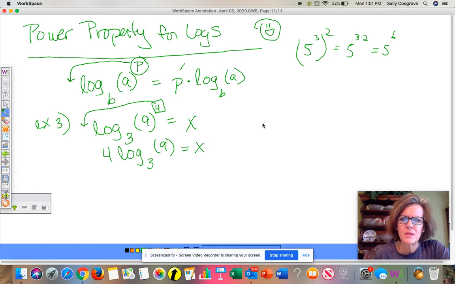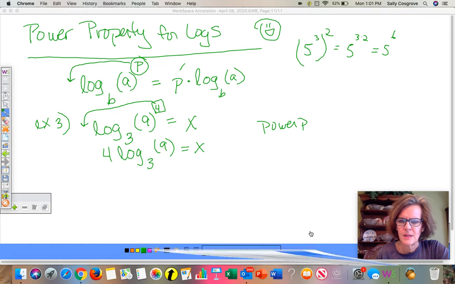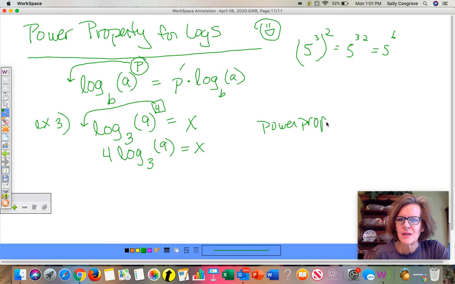And what did we use? Well, we used the power property. The power property says that we can do that. And now we're looking at that and going, well, I don't know if that really helped or not, because I don't know what 4 times log base 3 of 9 is. So did that really help?